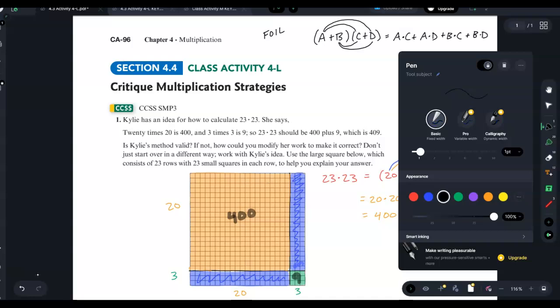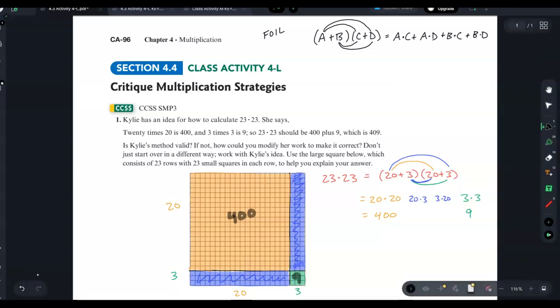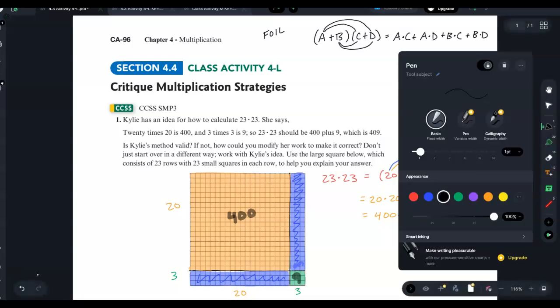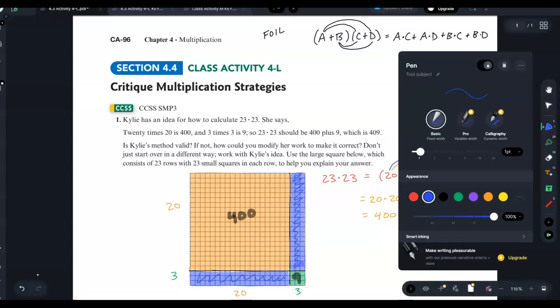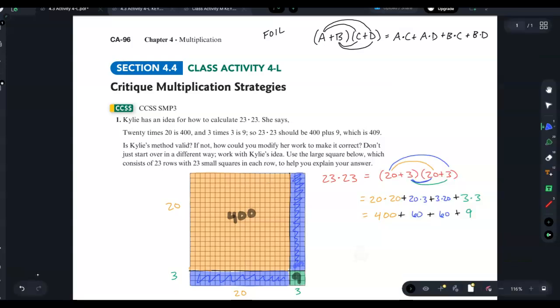So could you do this? I don't know if it's much easier to do in your head. Maybe it is, maybe it isn't. But technically, if we want to work with her idea, we could just say, okay, you just left out those middle parts, the inner and the outer terms. So let's put those back in there, right? So 20 times 3 would be 60, and 3 times 20 would be 60. And so, when she added the 400 and the 9 together, she got 409.